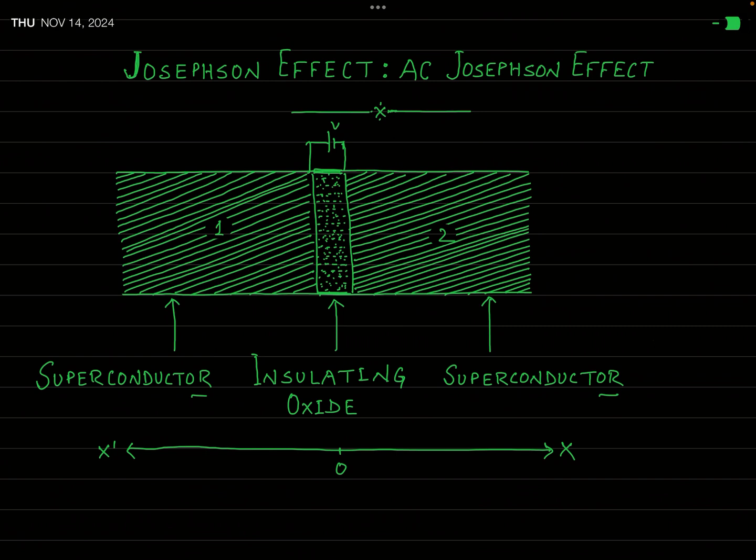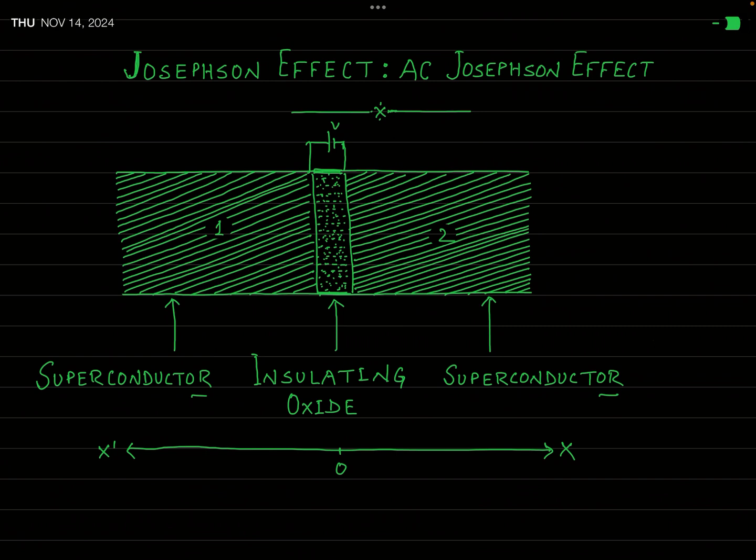But here, surprisingly, it is seen that when a DC source, let us say of voltage V, is applied between these two superconductors across this insulating junction, then an oscillating current flows from one region to another.